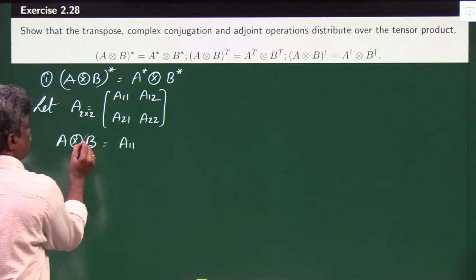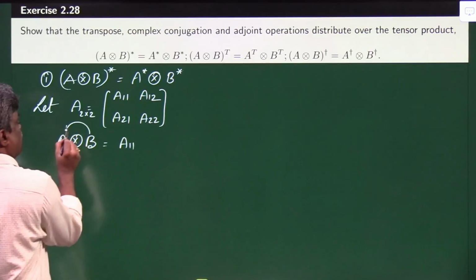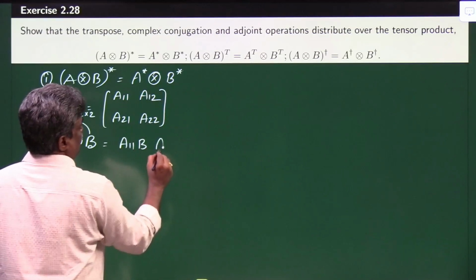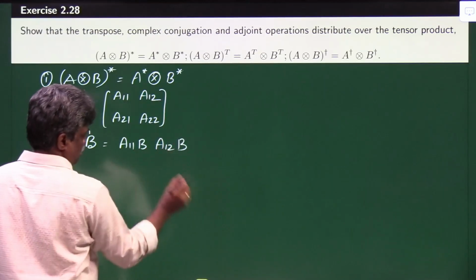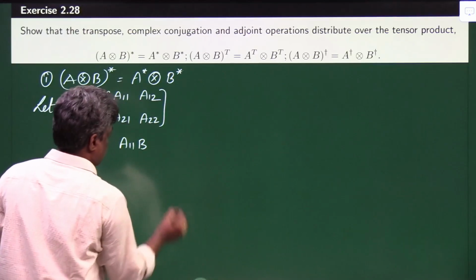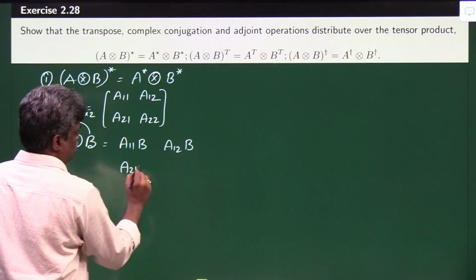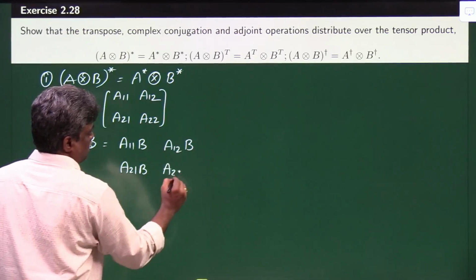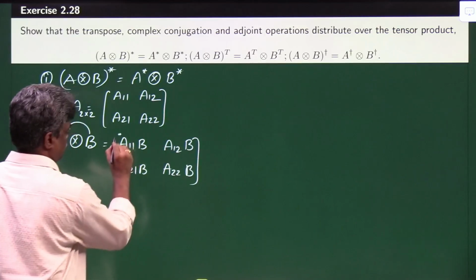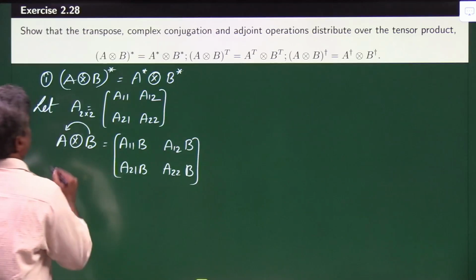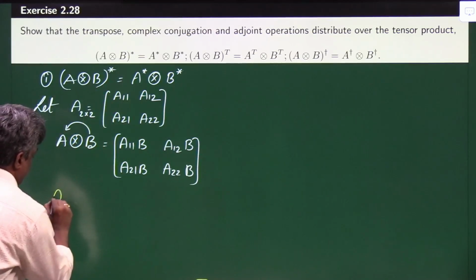So we have to multiply this B with each and every element of the A. A11B, A12B, and this is A21B, and this is A22B. Fine. Now I'm going to apply conjugate to this.